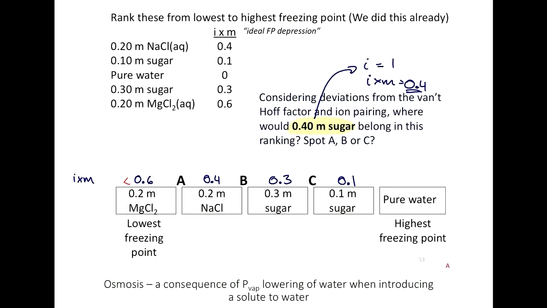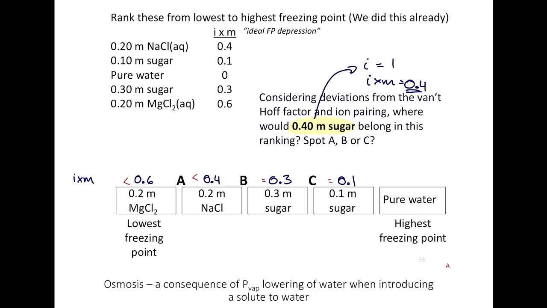Nope, it's going to be slightly lower. What about the 0.3 sugar? Is it going to exhibit a perfect 0.3 I times M product? Yes, it will. What's different about sugar? No ion, so no ion pairing. So for sugar, it is exactly 0.3. And then the 0.1 sugar will also be exactly 0.1.